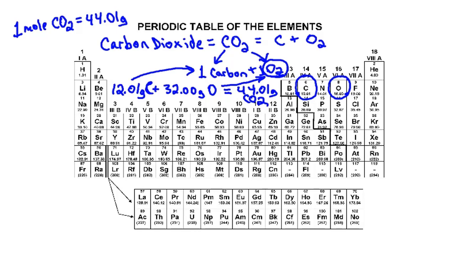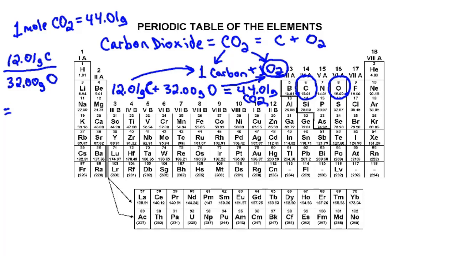Now if you take the grams of carbon, which is 12.01 grams of carbon, and you divide that by the 32.00 grams of oxygen that's in the formula, that's going to give us our mass ratio.